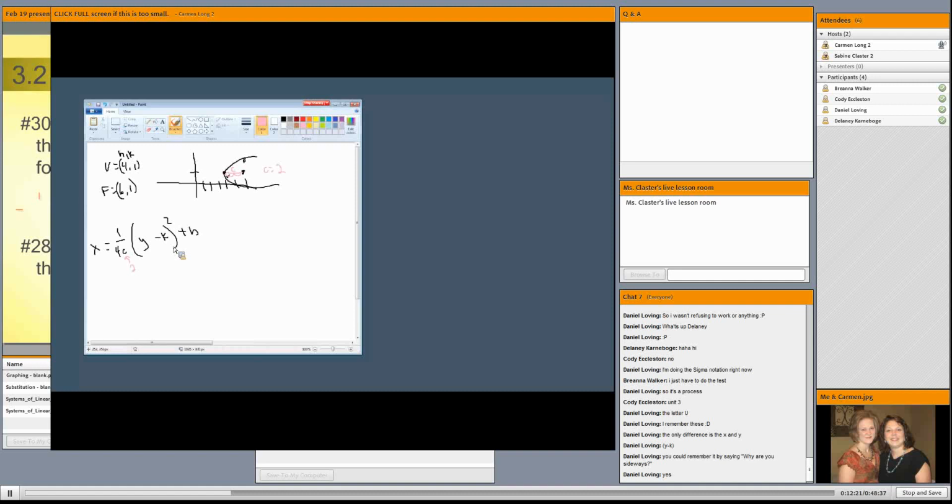I know that my directrix would just be 2 units in the other direction. Does that make sense? It's not an ordered pair. It's an equation of a line. A directrix is the line.